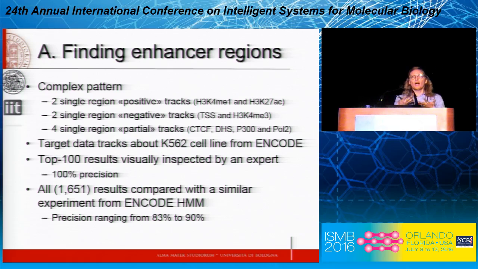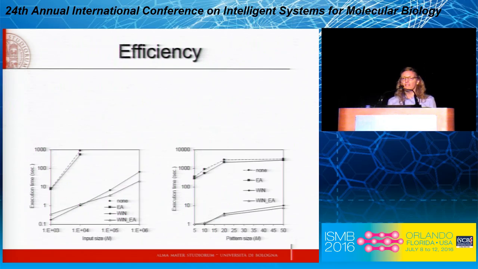So here the idea was to find an overlap and to measure this overlap, and what we found was a precision ranging between 83 and 91. That is a pretty good, promising result as a first preliminary validation on real data from our point of view. Let's move on to the efficiency.